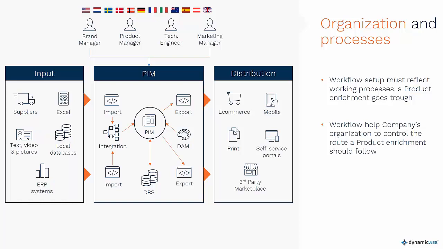When they are finished, you send it on to the next process in the route, and other people can take over and enrich and handle the things they are responsible for. So that's why the workflow system is needed in different organizations. Of course, it's more needed in big organizations than small organizations, but basically workflow handling and processes are needed in more or less all organizations.